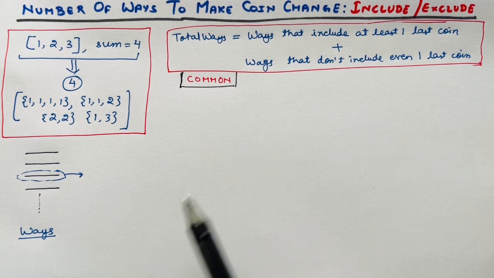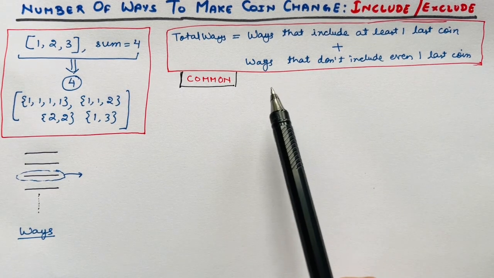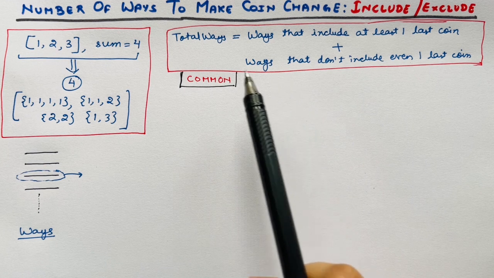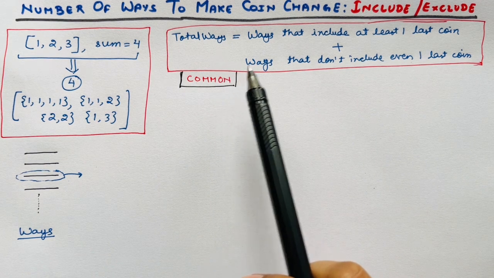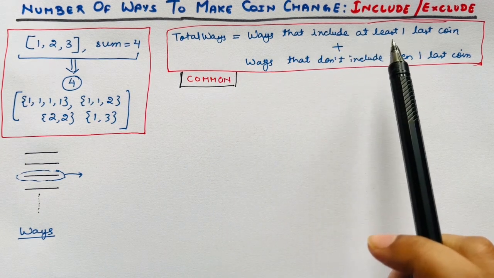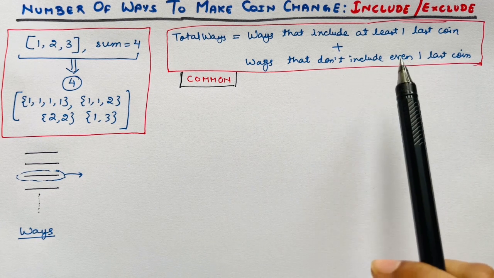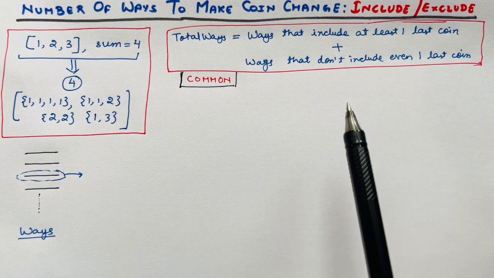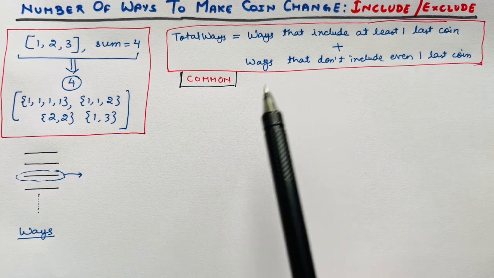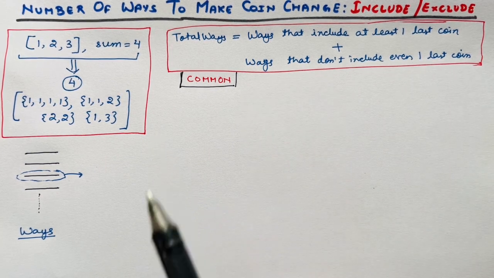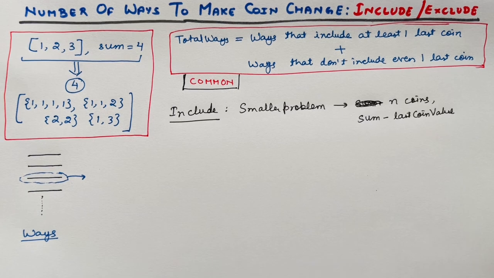Now that means we have a way of breaking our problem down. We can say that total number of ways is equal to number of ways that include at least one last coin plus number of ways that don't include even one last coin. Now let us see them one by one. First, let us consider the inclusion one. Let us say we have n coins.